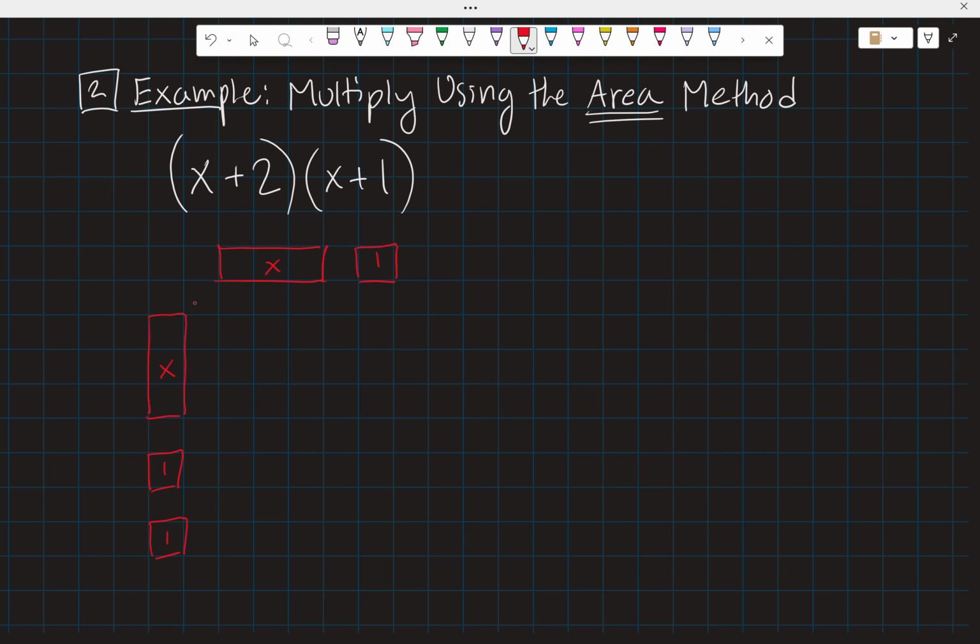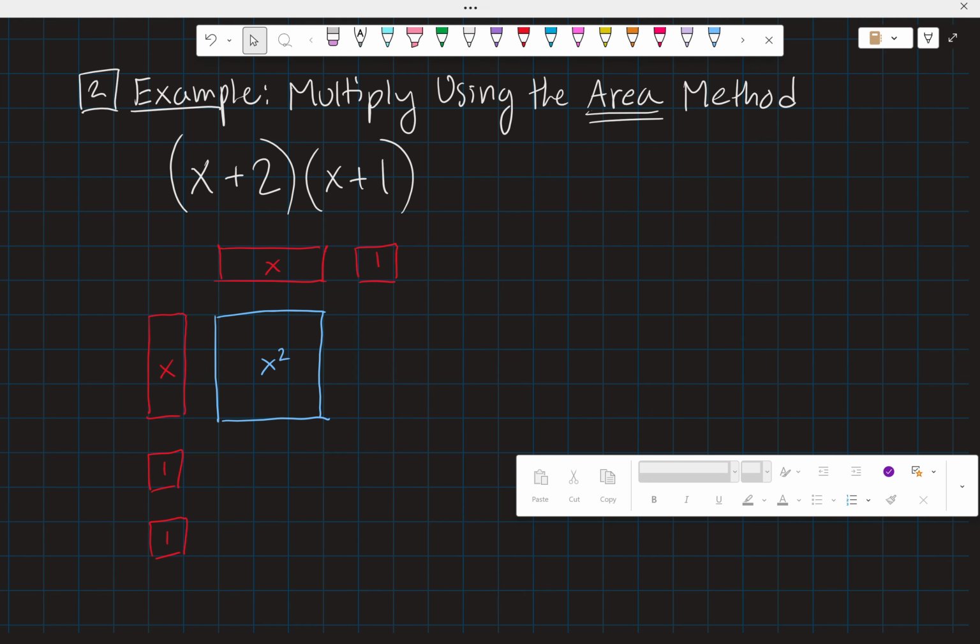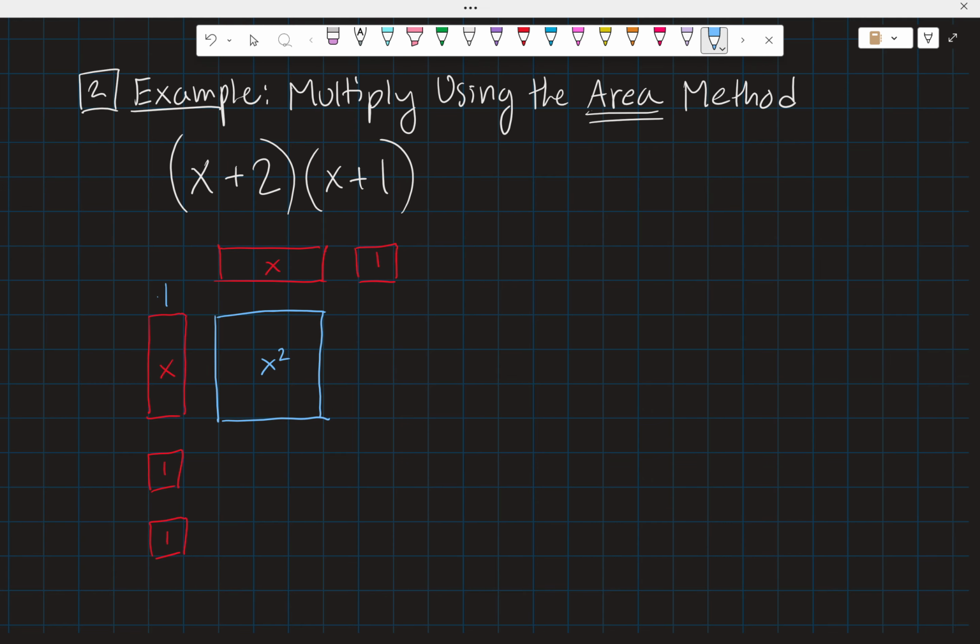So when we multiply our two x tiles together, I'll use a different color, we're going to get in the center here an x squared tile, because x times x gives us x squared. Then this x tile and this 1 unit tile multiplied by each other will give us an x tile.